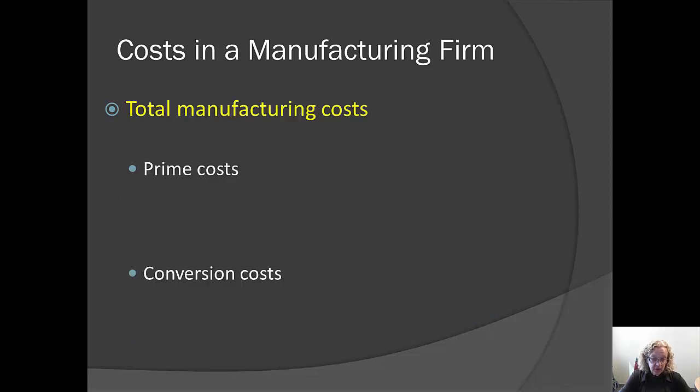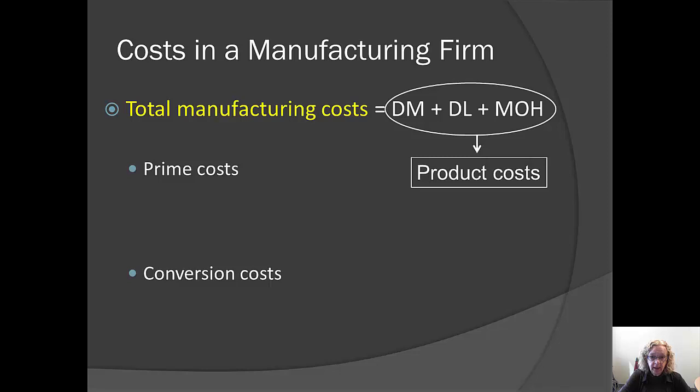Now, we can also slice and dice our manufacturing costs in several ways. One way is to consider total manufacturing cost. Total manufacturing costs include all of the materials, all of the labor, and all of the overhead that we used to manufacture our various products during the period.